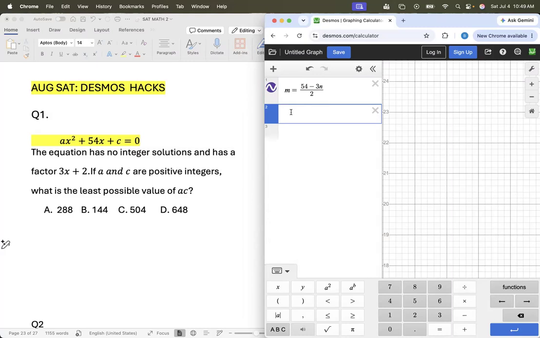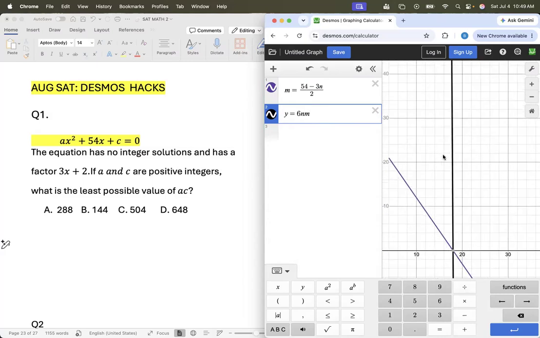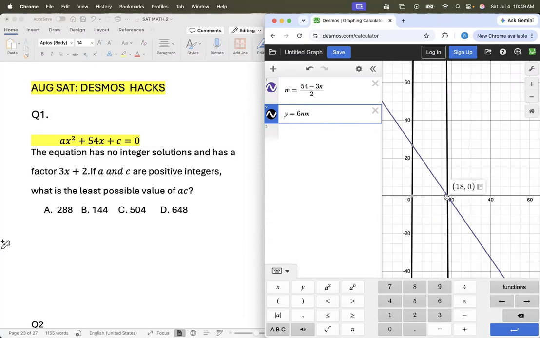And therefore, Y, which is your final answer, is 6nm. This is what you're going to get. You see, it's plotting things for me. It's thinking that, oh, we have something good happening. Because you need A is 3m and C is 2n. So when you multiply, that's your Y, that's your function.